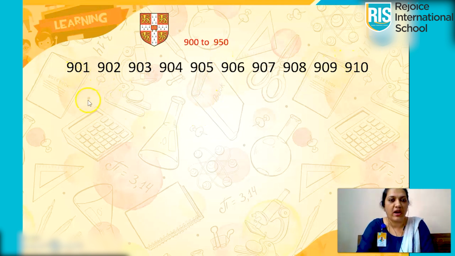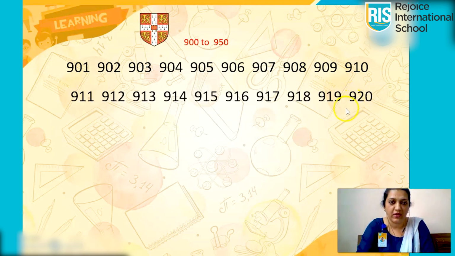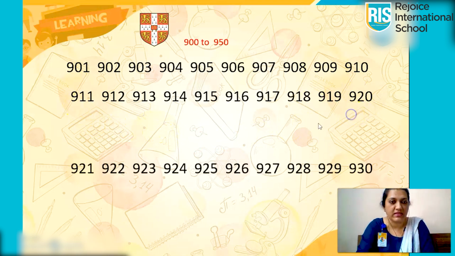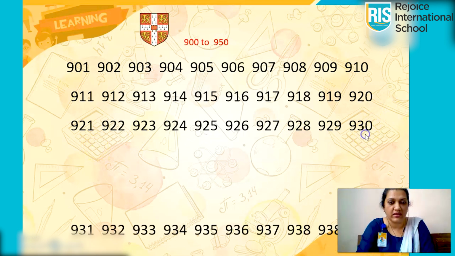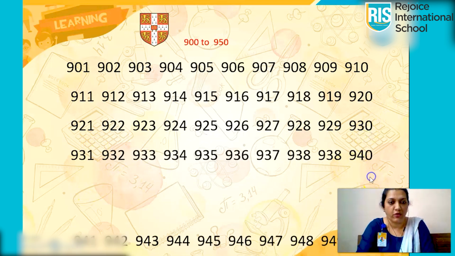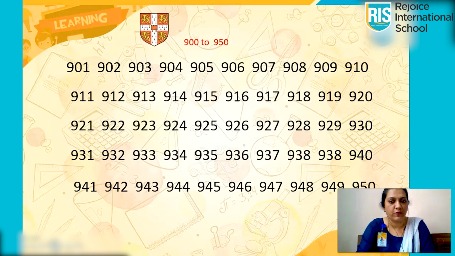In the first row, I have written 901, 902, 903, 904, 905, 906, 907, 908, 909 and 910. Right? Entire slide will have these 3-digit numbers, which are for the ones, the tens and the hundreds place. Okay. So we continue from 911 to 920, then 921 to 930, 931 to 940, 941 to 950.